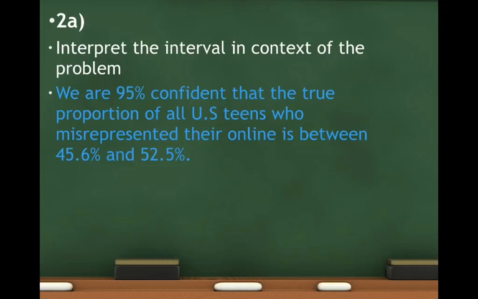We're saying we're 95% confident that p, the population proportion, is somewhere between these two values. We don't know if we're right, but we're 95% sure we have captured the true population proportion. That's all you can say about the confidence interval here.